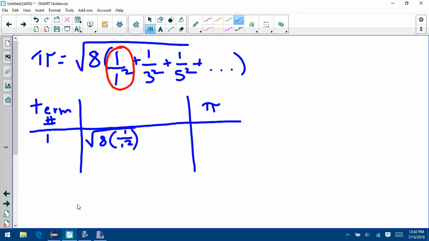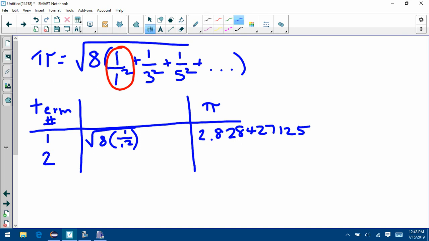Or actually, I guess I'll just print out everything. 2.828427125. And that goes on and on forever, but that's what the calculator shows us. Now that number's not a great approximation to pi. In the grand scheme of things, it's not really that far away. Pi is 3.14. This is 2.82. It's not that far. Okay, let's get the second term.